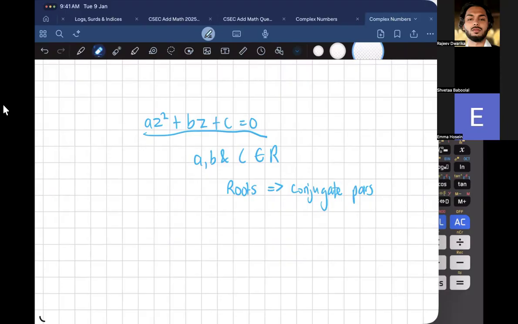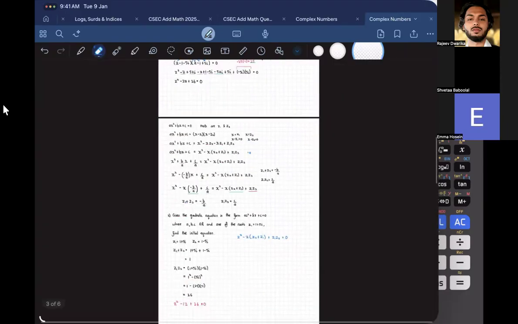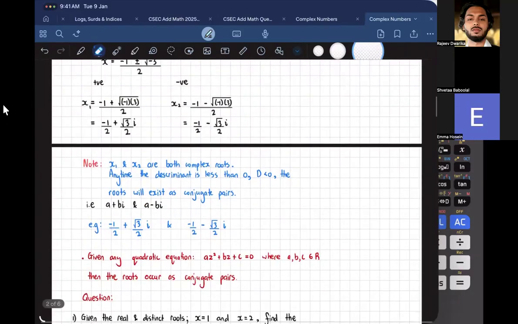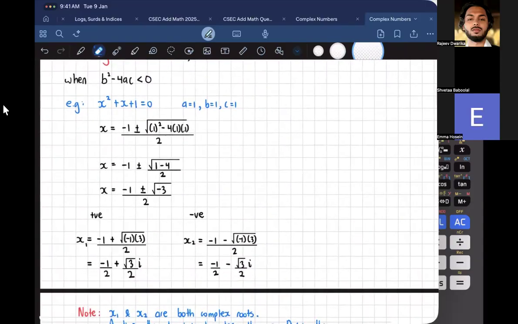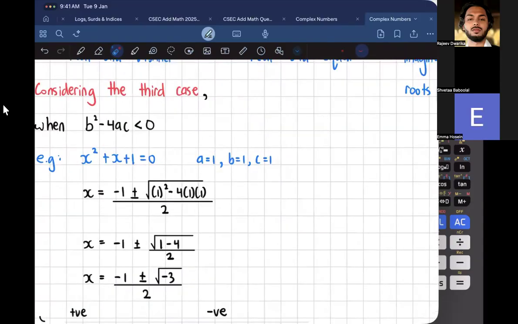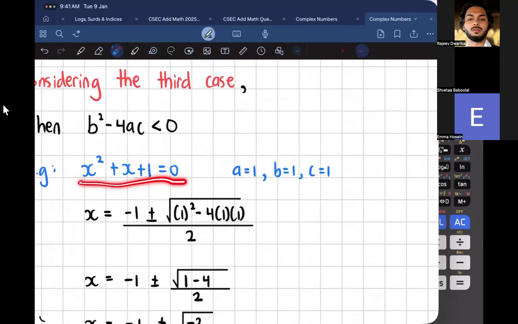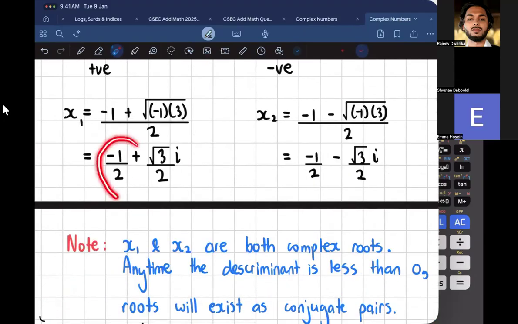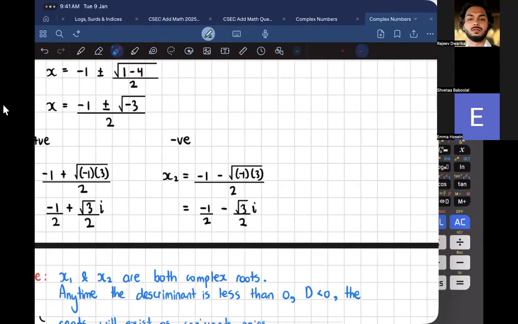So let me go back to the example we did. Look at this example here. This is clearly a quadratic equation, and a, b, and c are all real numbers. When you found the roots, you realized that the only difference between them was the sign in the middle.